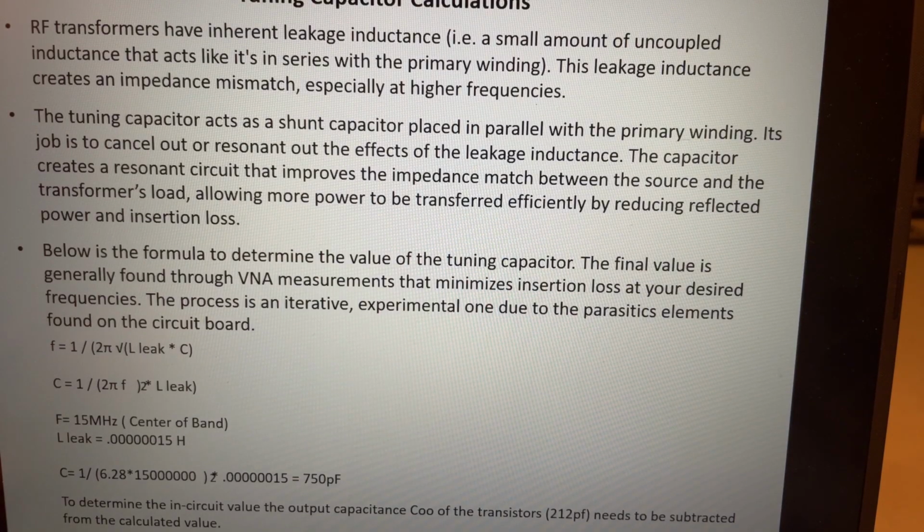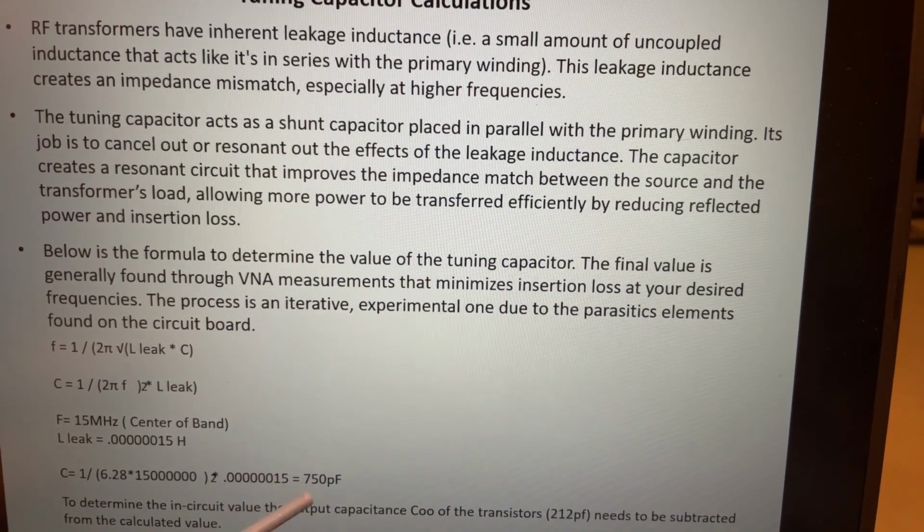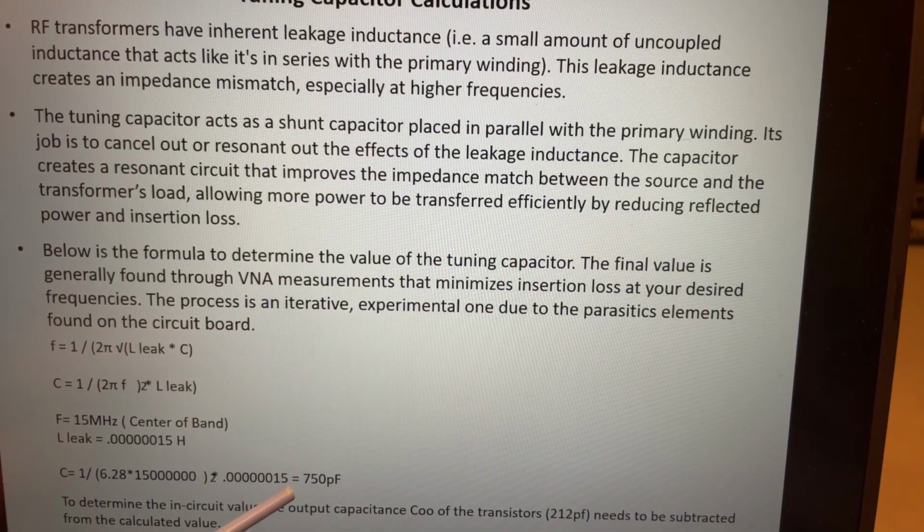Now, one thing to point out is that the capacitance value for one transformer would be half that value. And if you were using this and tuning it in a circuit, you have to subtract the output capacitance from the total value. So 750 divided by 2 would be 375.